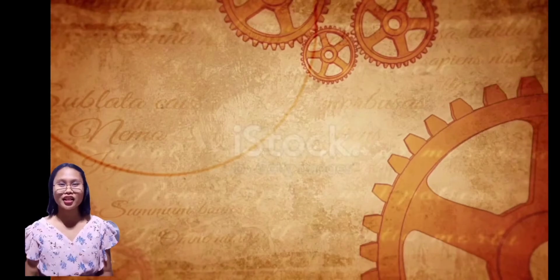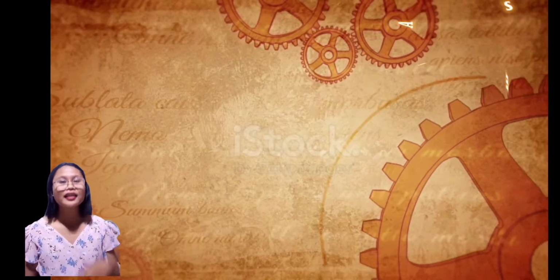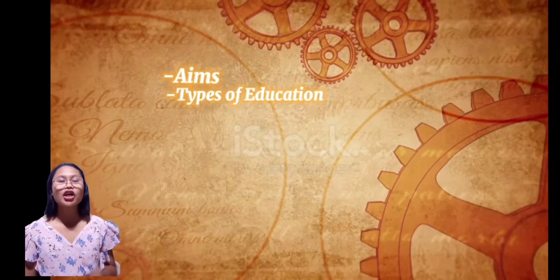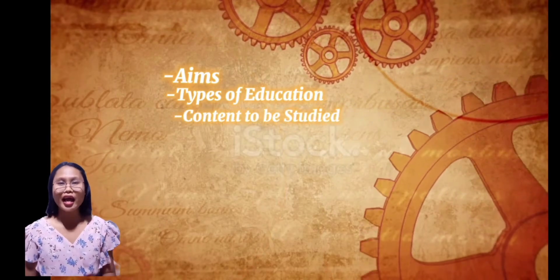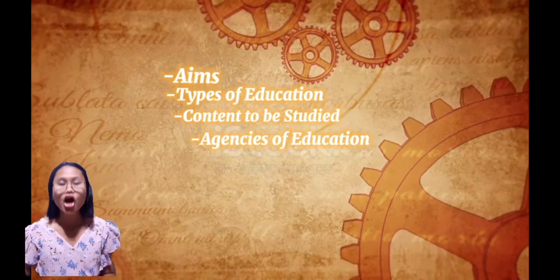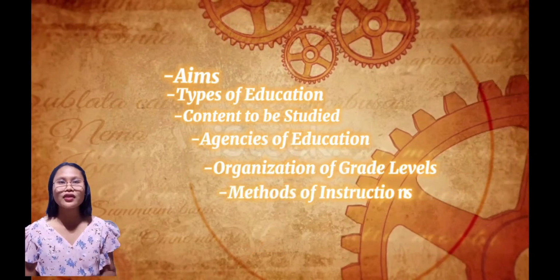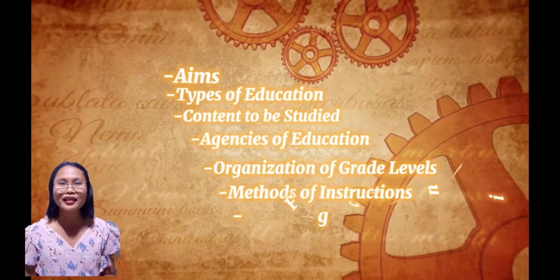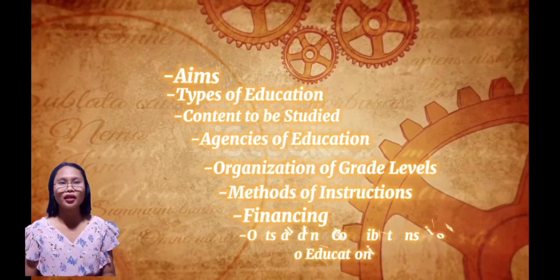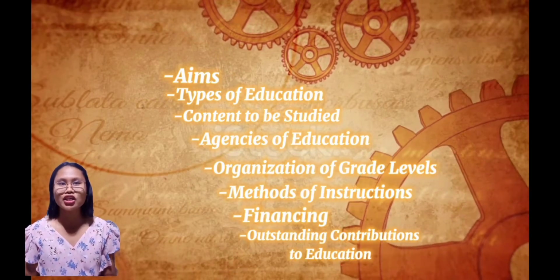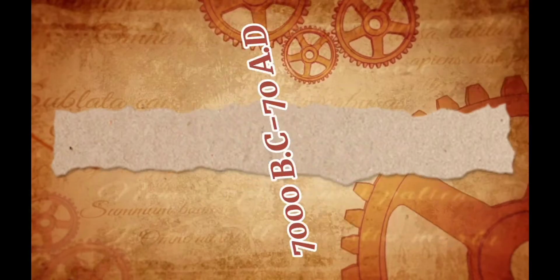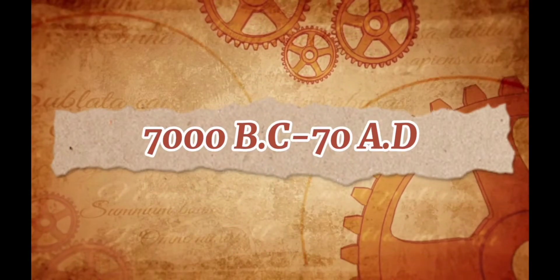Today's discussion, you will know the aims, types of education, content to be studied, agencies of education, organization of grade levels, their methods of instructions, financing, and their outstanding contributions to education from 7000 BC to 70 AD.